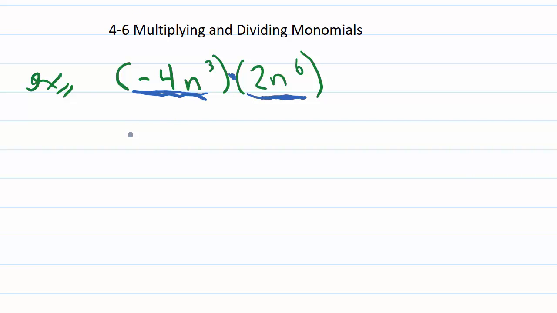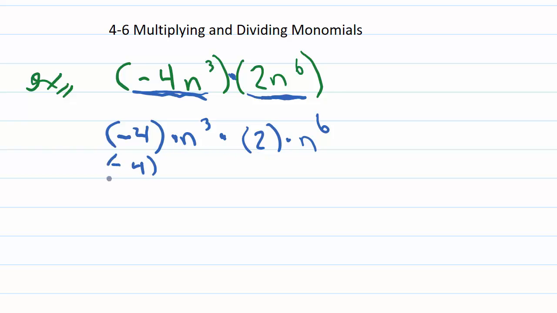What I'm going to do is break some of these up: -4 times n cubed times 2 times n to the 6th. And I'm going to rearrange these because it's all multiplication. I can multiply in any order I want. Notice I kept the negative with the 4, because the coefficient of n cubed is -4. What I can do is multiply in this order.